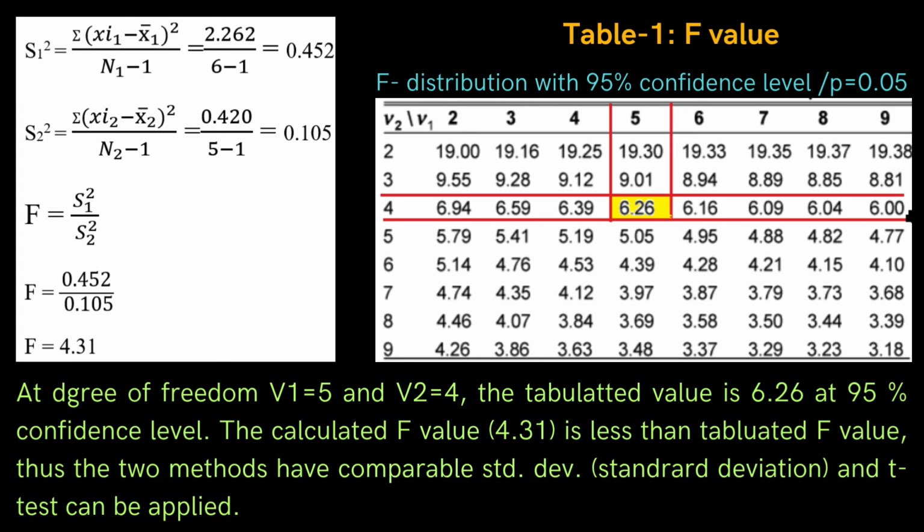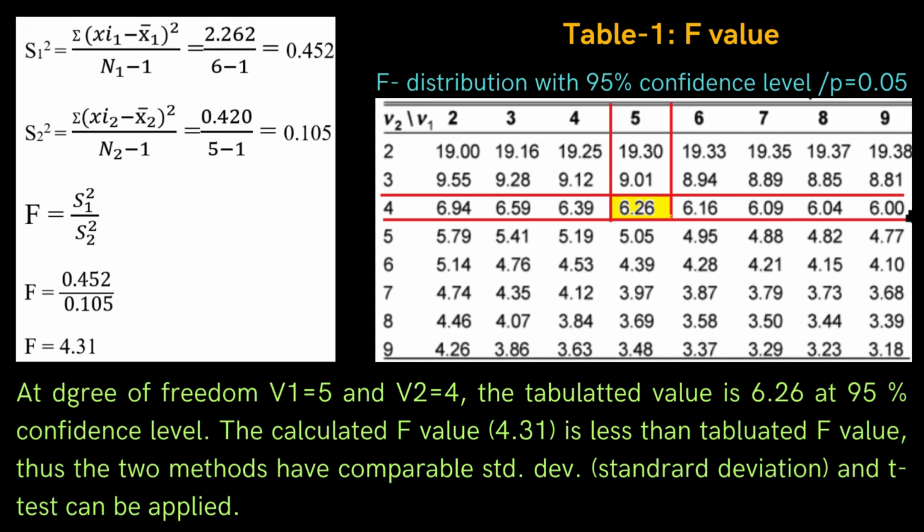Similarly, the sum value of xi2 minus x2 bar whole to the power 2, divided by n2 minus 1, is put into the formula, which will be 0.420 divided by 5, the number of observations for the second method, minus 1, which further solving becomes 0.105. Finally, putting the values of S1 square and S2 square, F equal to 0.452 divided by 0.105 will be 4.31.